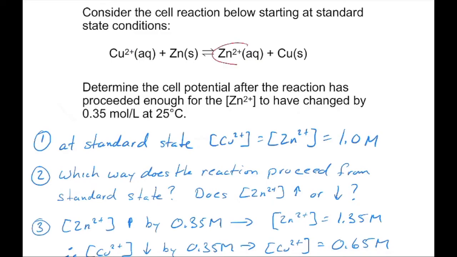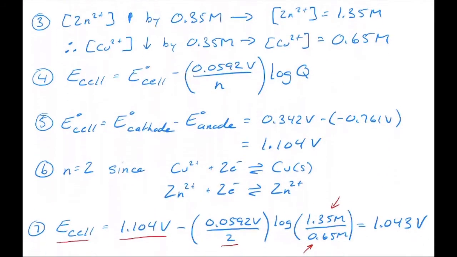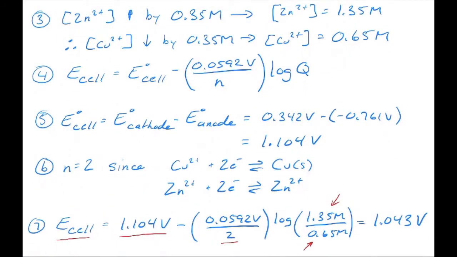We have zinc 2+ as a product, copper 2+ as a reactant, and remember when we're doing these equilibrium calculations, whether it's K's or Q's, solids are not included in the equilibrium expression, so we don't have to worry about copper solid and zinc solid. So we have our products as zinc, over the reactants as copper, and when we solve that, we end up getting a voltage of 1.043 volts.